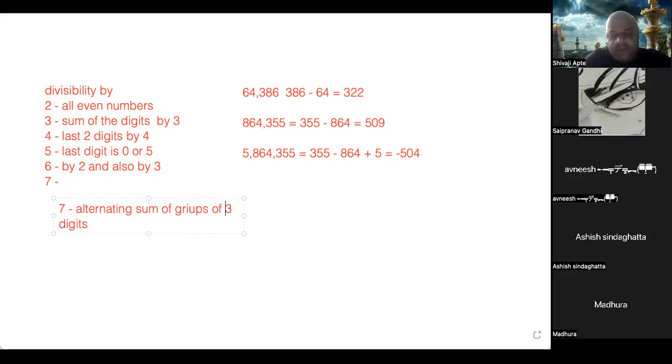So you always start from the rightmost digit, which is the least significant, and you make groups of three. The first group you take, minus the second group, plus the third group, as you continue to go to the left. So we said 355 first, minus 864, plus whatever is the 5. And if there was another group, it's a very large number, then it continues the same way.